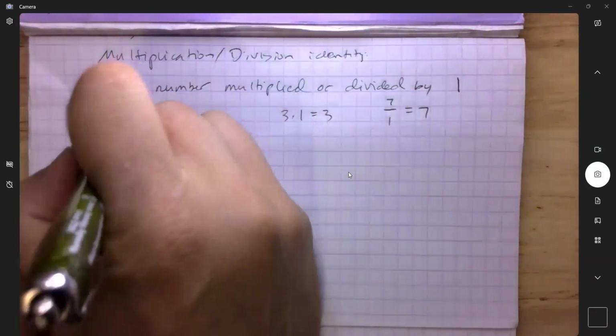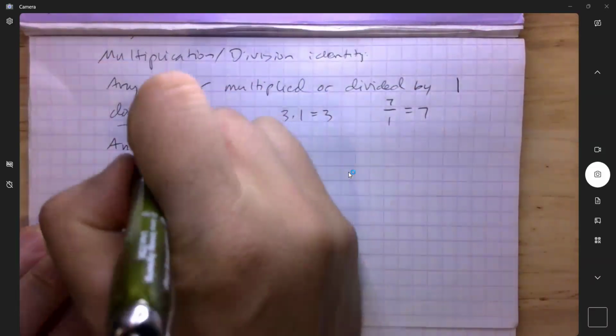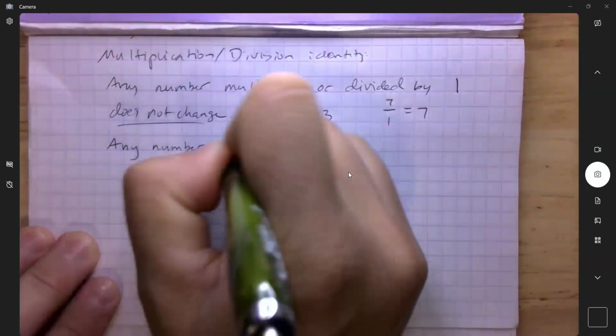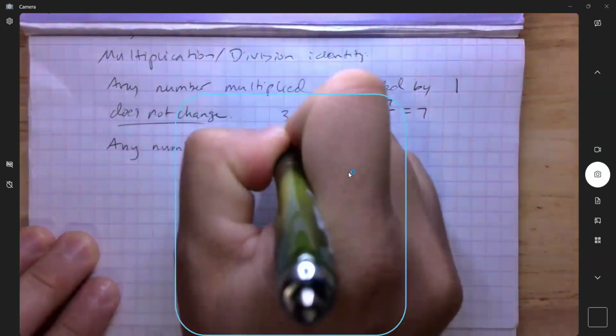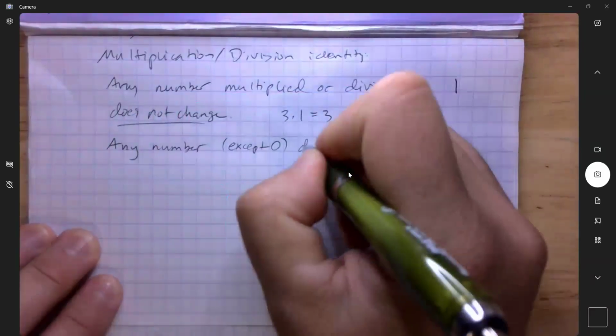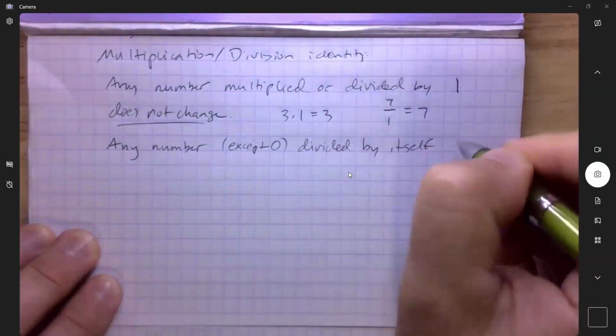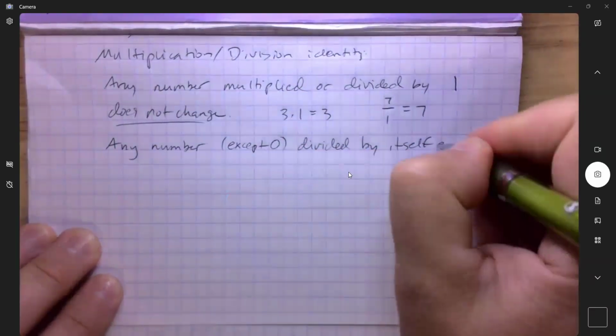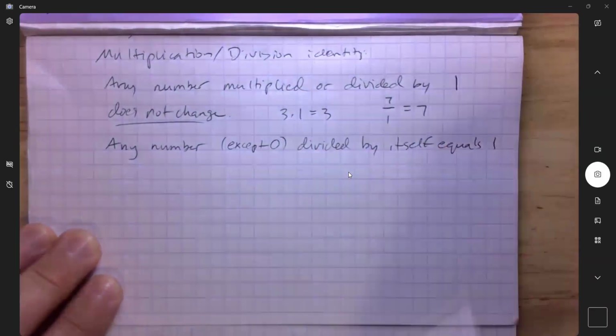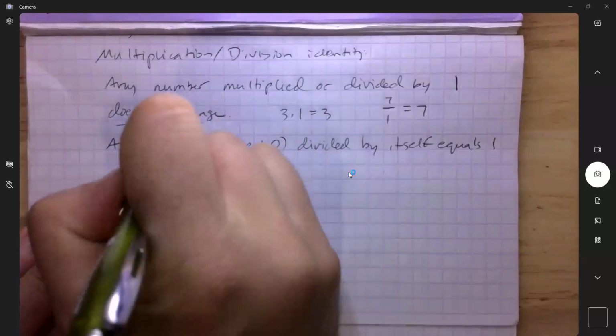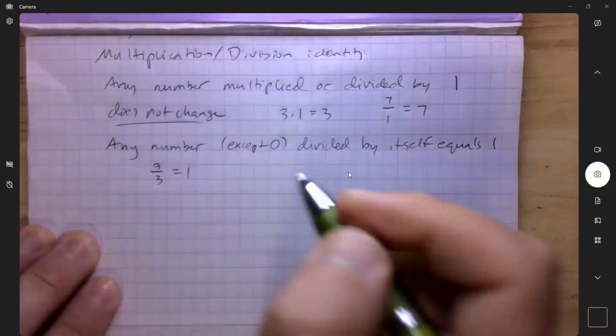A consequence of this, that's again helpful, is any number except 0, 0 is a special case, but any number except 0 divided by itself equals 1. 3 divided by 3 equals 1.